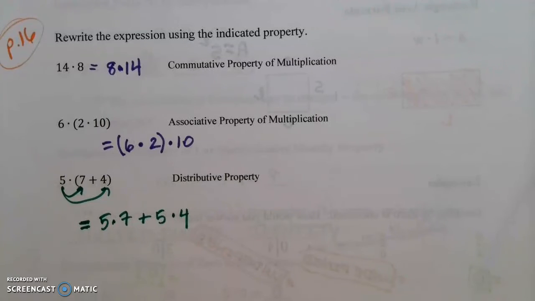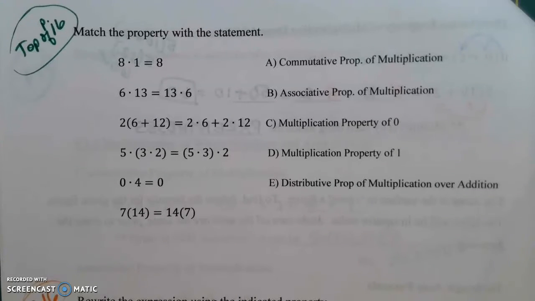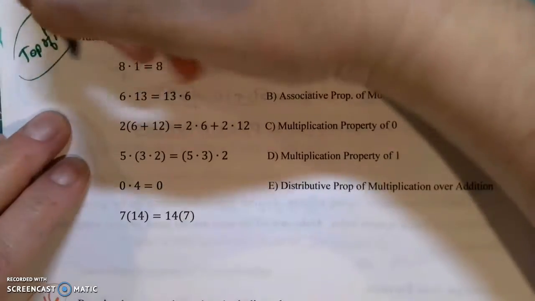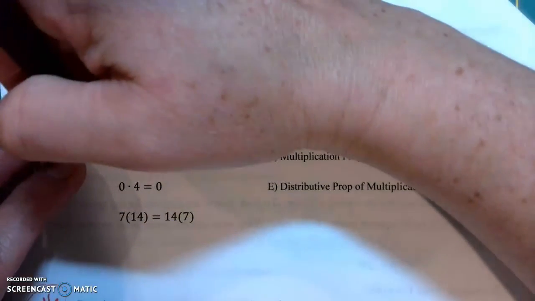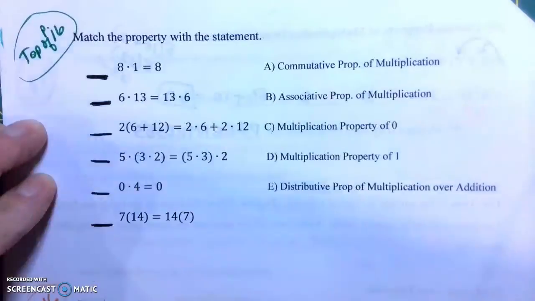All right, I am going to pause this for a second, move up to the top of the page. All right, so we're at the top of page 16 now, and I am going to put some little blanks in here for you to match the property with each of these. So I've got the property names on the right here.